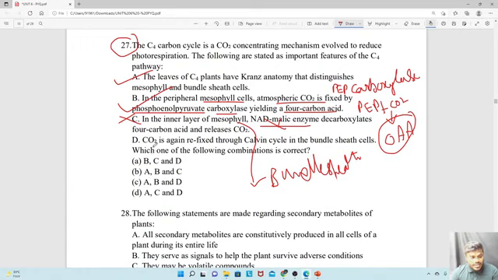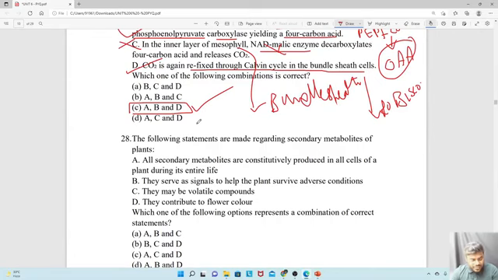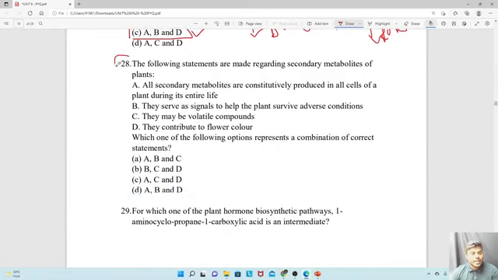Now look into D: carbon dioxide is refixed through the Calvin cycle in the bundle sheath cell. Why? Because in the bundle sheath cell, friends, rubisco is present. Hence, option A is right, option B is right, option D is also right. Hence the correct answer will be C. There is no doubt about it. That's really good. Great. Question number 28.